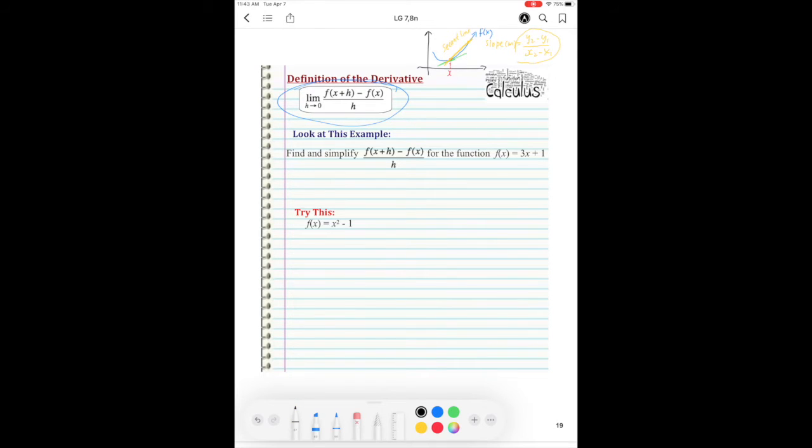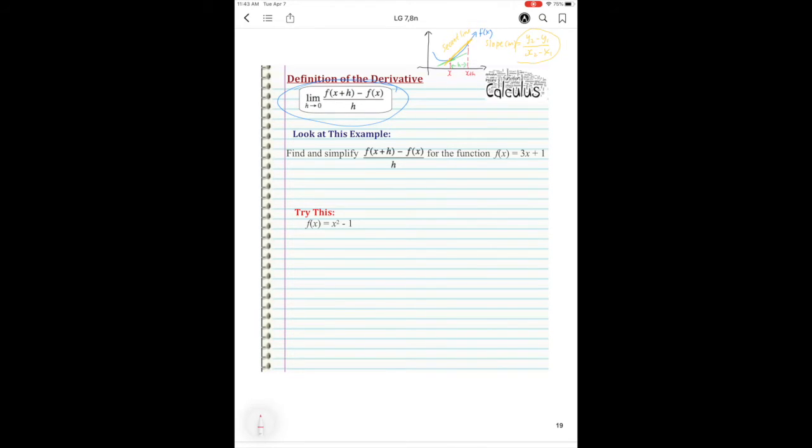So first of all, we know that if we had another point, I'll just put this guy. So they knew that this distance is h. Okay? It's a horizontal distance going from x to that. So therefore we know this point is x plus h, whatever that horizontal distance is.